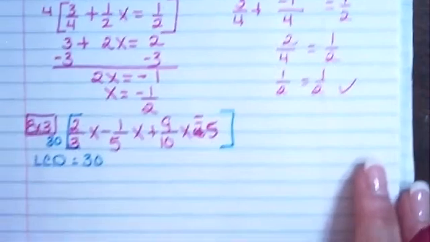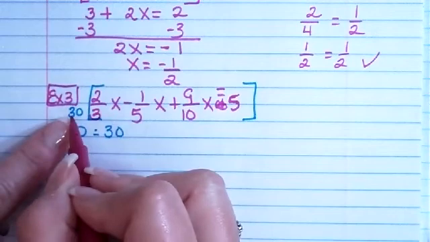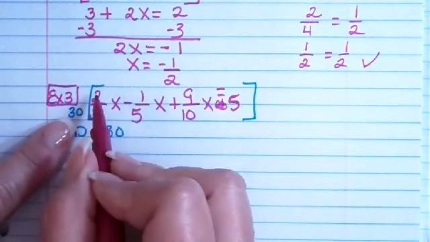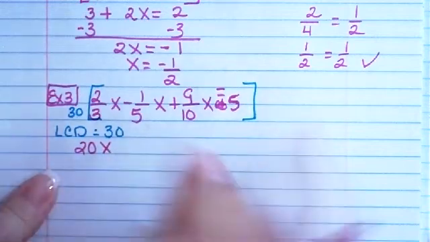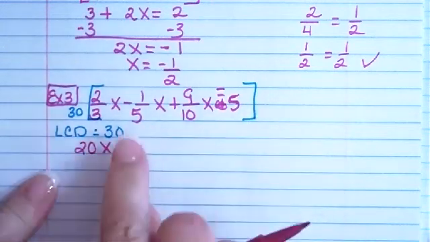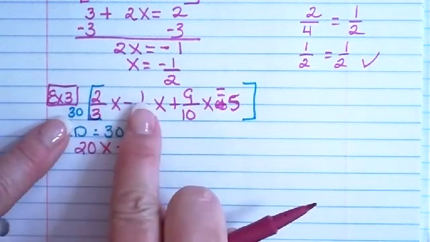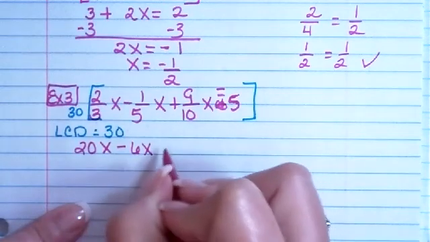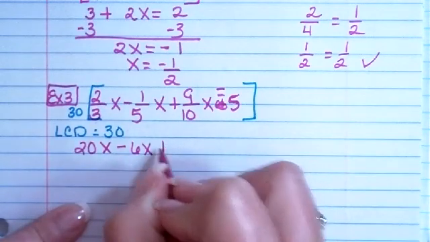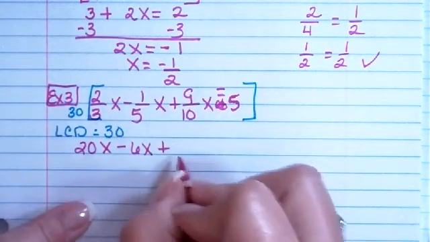Now, let's check this off right here. 3 goes into 30 10 times. 10 times 2 is 20x. Minus, 5 goes into 30 6 times. 6 times 1 is 6, so that's 6x. Plus, 10 goes into 30 3 times. 3 times 9 is 27x.